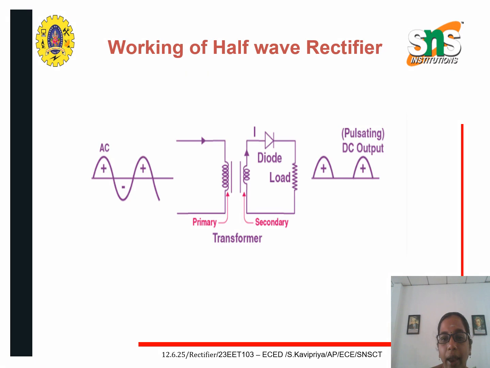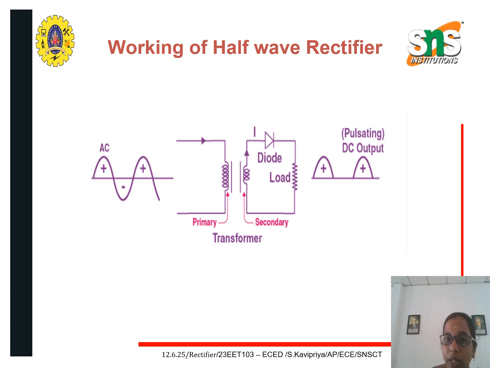Next is the working of a half-wave rectifier. We apply an AC signal to the primary of the transformer and get a secondary voltage, which is applied to the diode of the half-wave rectifier. The diode conducts only during the forward bias condition and blocks the flow of current in the reverse bias condition.